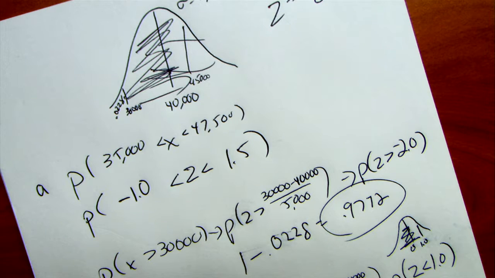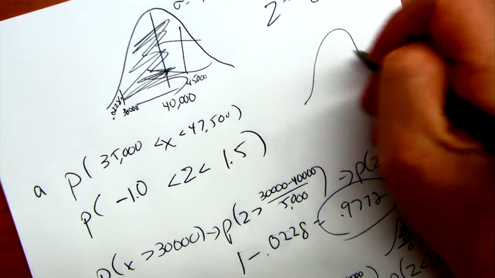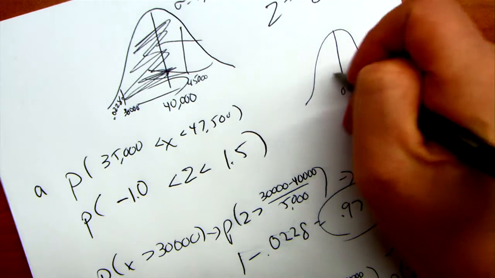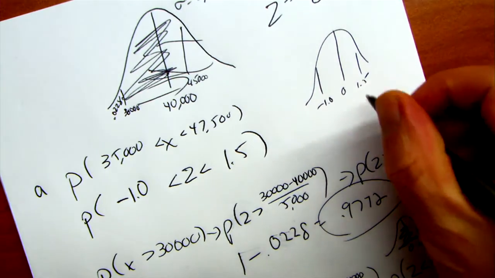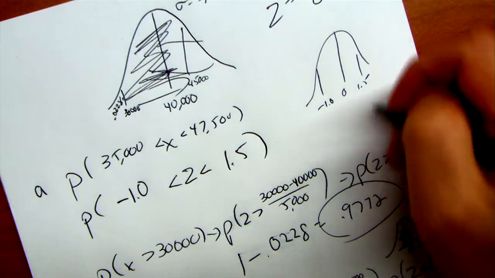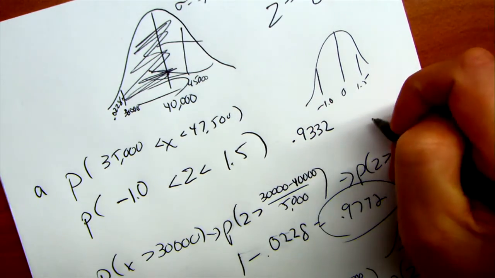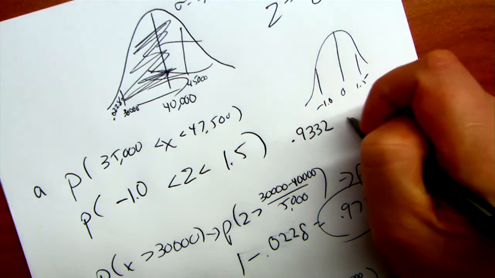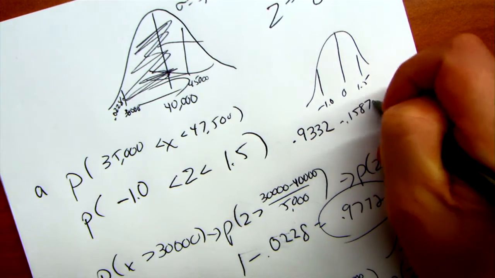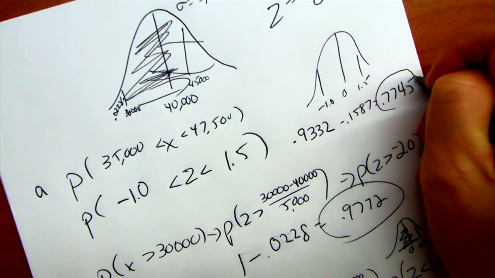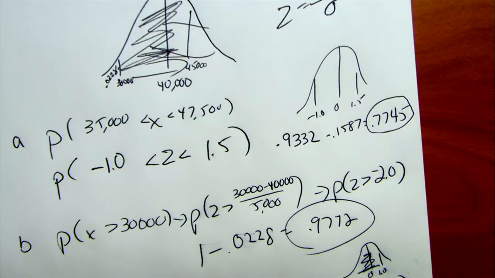So it's a between deal. Actually, we did this for the multiple choice, which is kind of ironic. If I look up 1.5 and down, I get 0.9332. If I look up negative 1.0 and down, I get 0.1587. If I subtract the two, it gives me 77.45%.